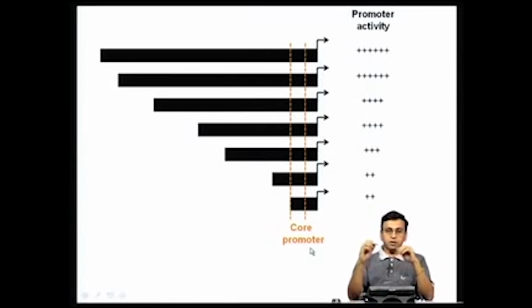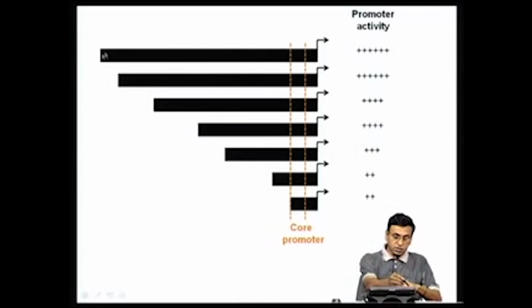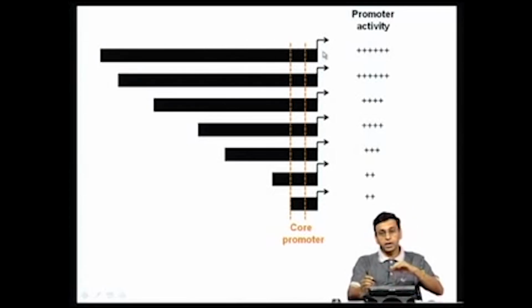Now, as people started studying the various cis acting elements and various promoter sequences, it became very clear that in addition to the core promoter region, there is also a huge region. Sometimes this region, which is upstream of the transcription start site, can run to several kilobases, and if you make some deletions within this promoter region also, the expression of the downstream gene is modulated.